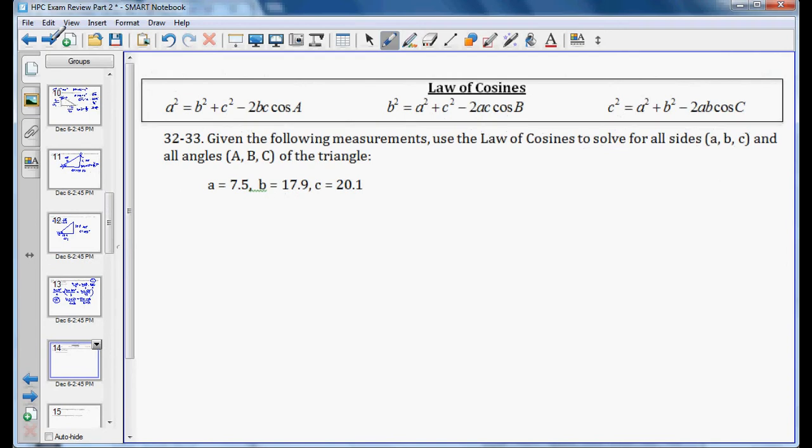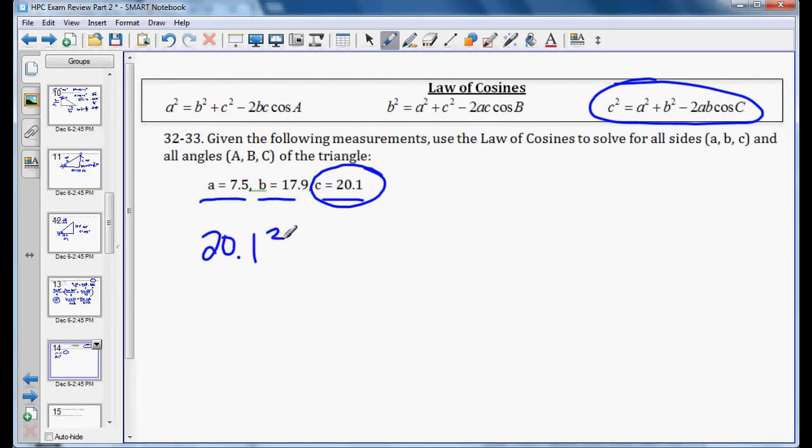And the biggest angle always goes with the biggest side. So that tells me to use this version of it right here. So I'll do 20.1 squared equals 7.5 squared plus 17.9 squared minus 2 times 7.5 times 17.9 cosine of C.